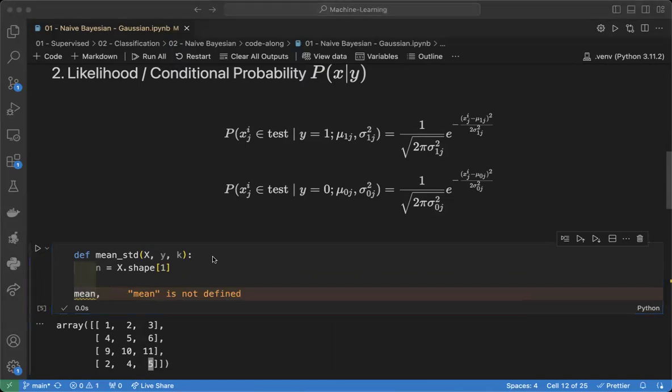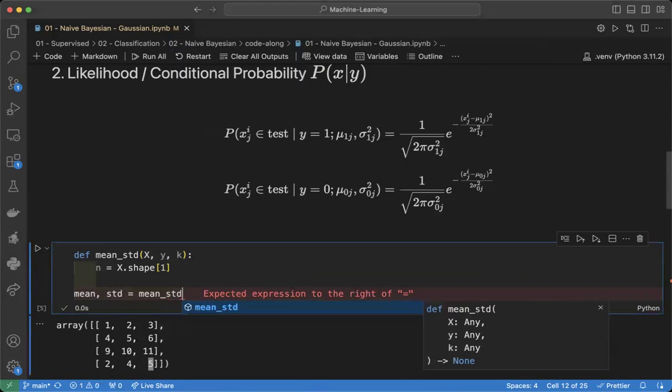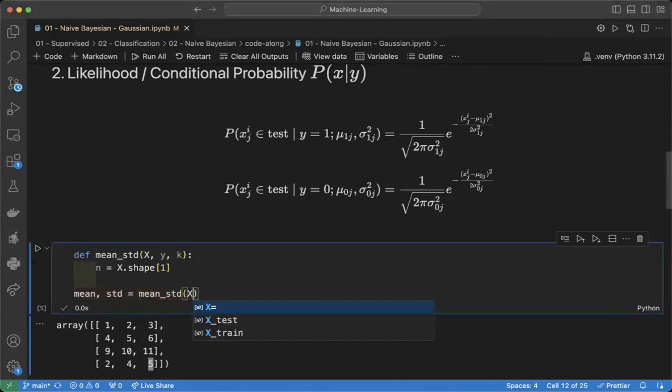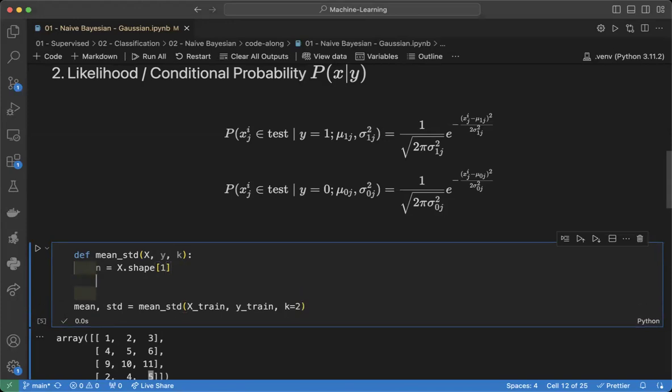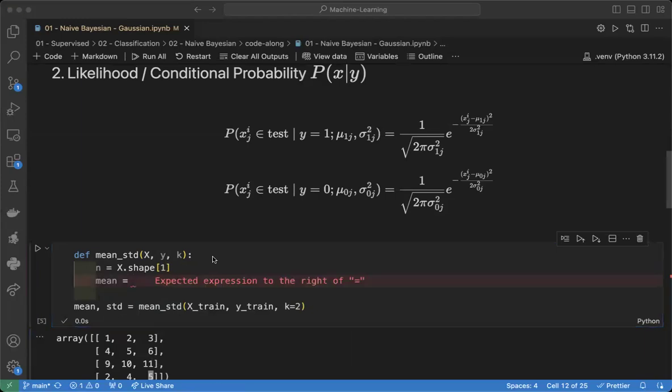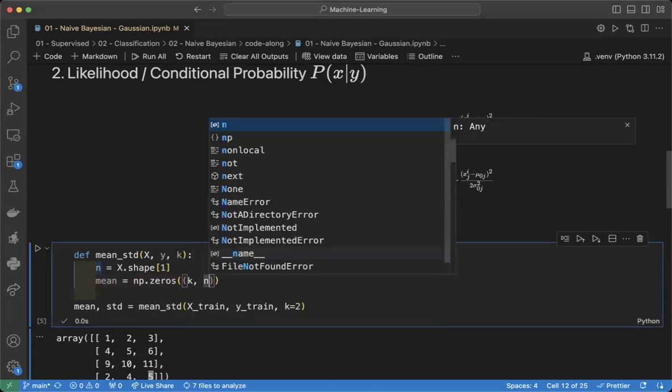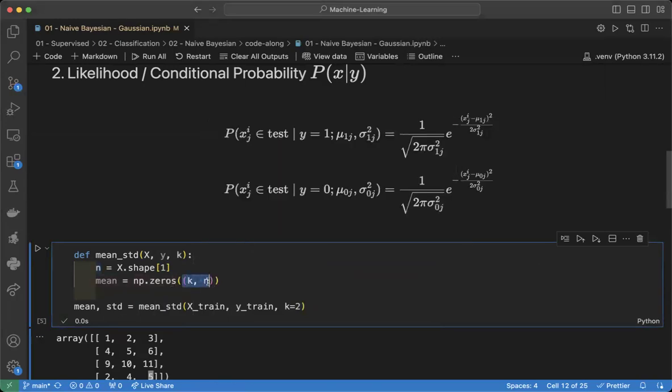We want this to return the mean and standard deviation whenever we call this function, and we want to pass in the x train, the y train, and then k equal to 2. That is, we already specify how many distributions it actually has. Based on that, we can create a mean, and the shape is nothing but k comma n.